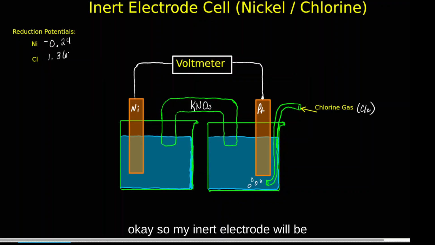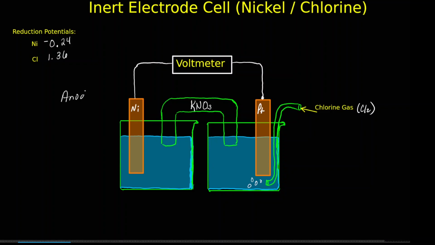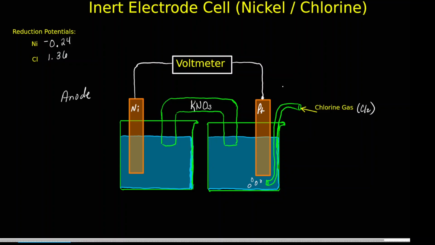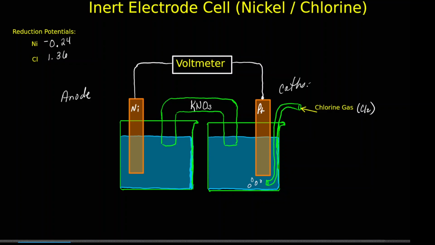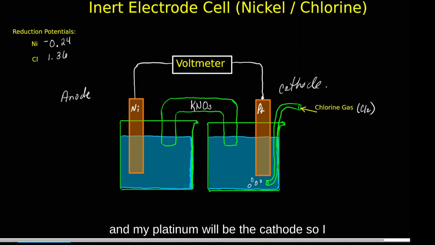Okay, so my inert electrode will be platinum, and my nickel will be my active electrode. If I look at which one is going to be reduced, I notice that nickel has a much smaller value, so nickel will be the anode. And my platinum will be the cathode.